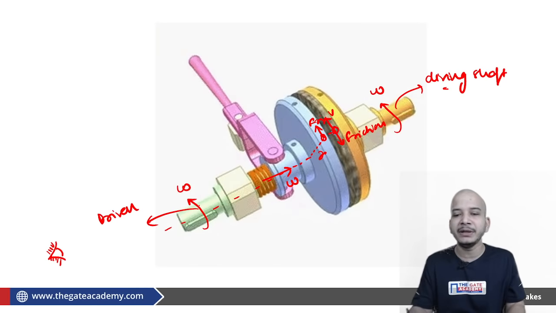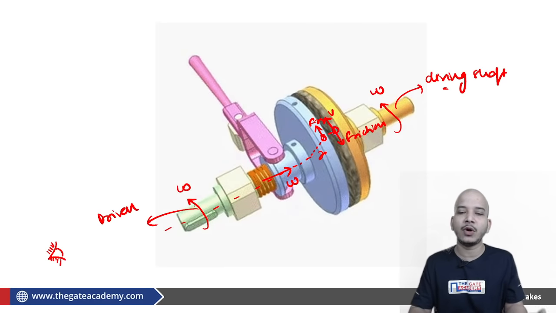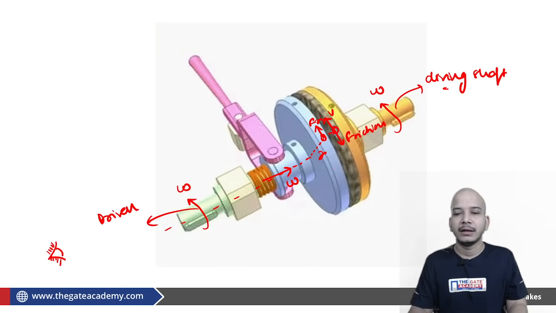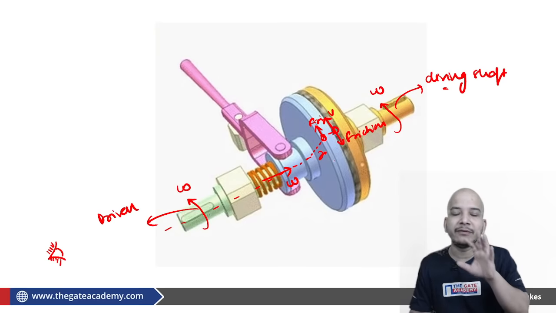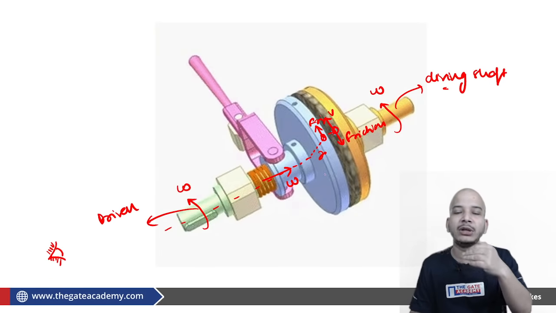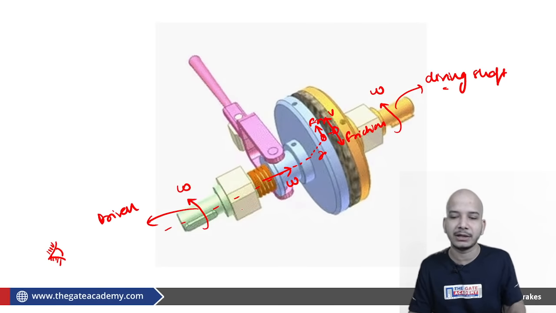As long as there is slipping, the friction will keep on acting. Of course the load is there, so there is always the requirement of friction. This is what you have to understand about the torque corresponding to the friction, and how the friction enabled this driven member to rotate in a particular direction.